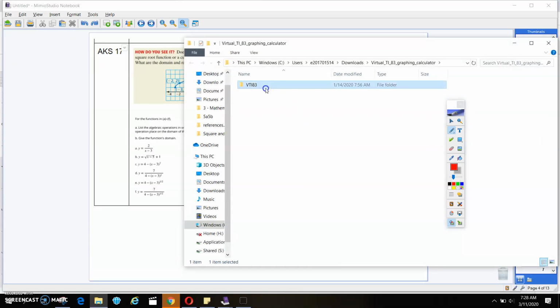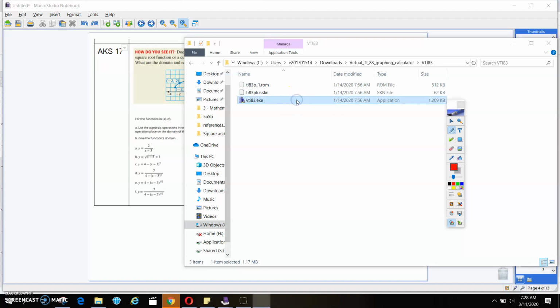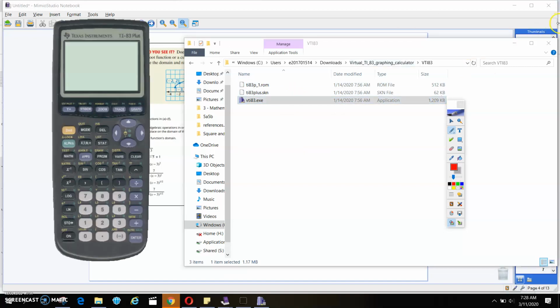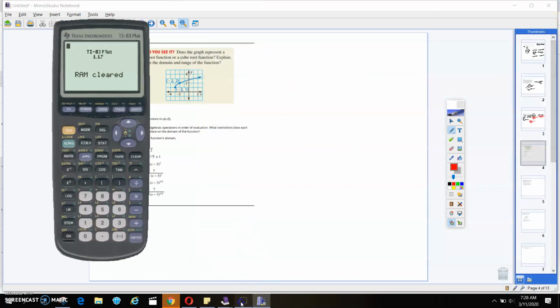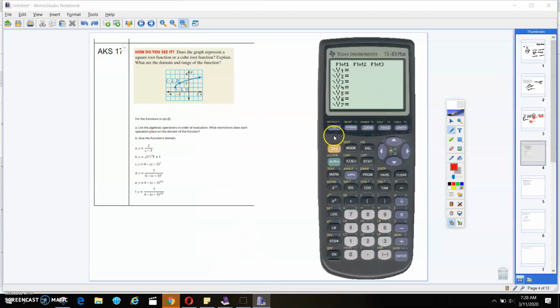So let's go into our calculator and let's plug in square root of x, which is the parent function for our square roots. And then let's plug in the cubic root, or the cube root. So that's going to be x to the 1/3 power.